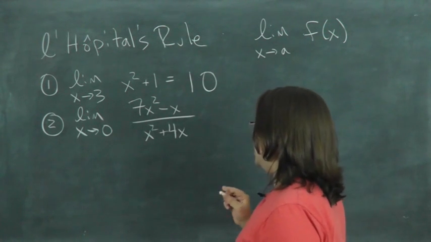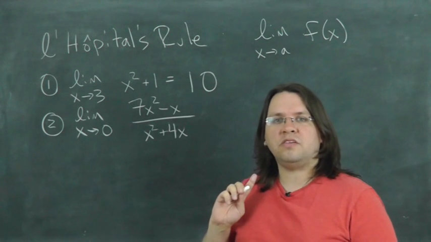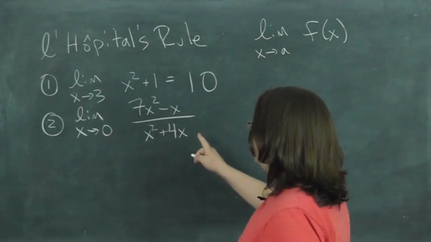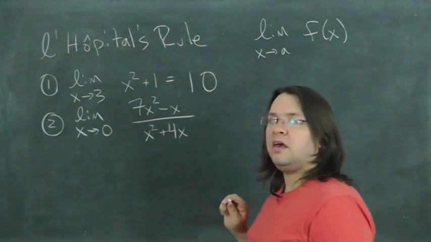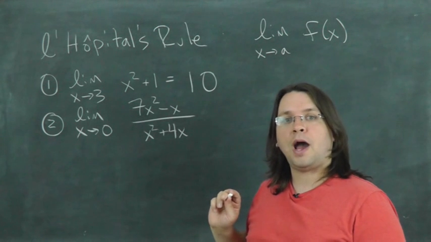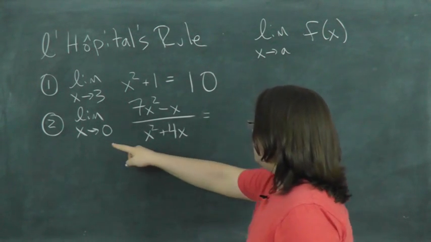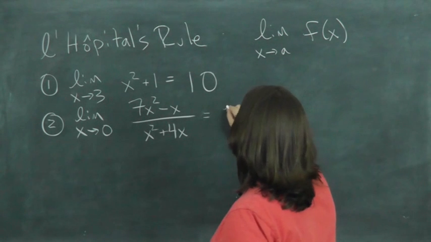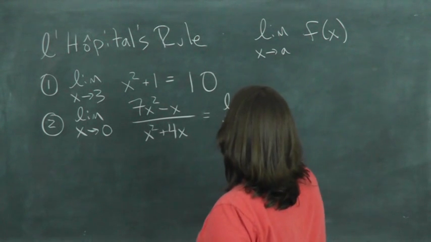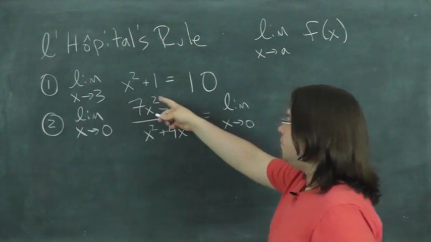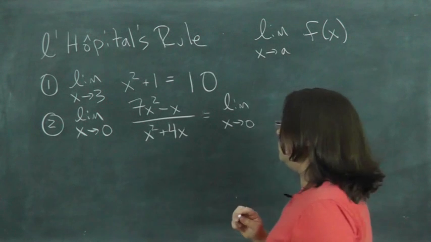On the other hand, if we take any number that's not 0 and plug into this, then you'll just be able to cancel 1 power of that number everywhere. In essence, what we're saying is that this limit is equal to the limit as x approaches 0 of the same function where we've canceled out one of the x's.